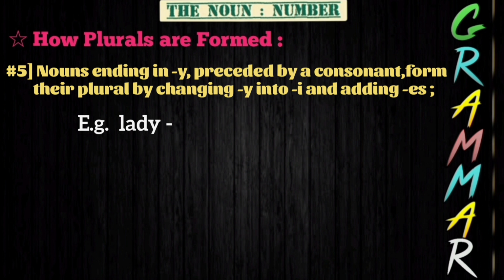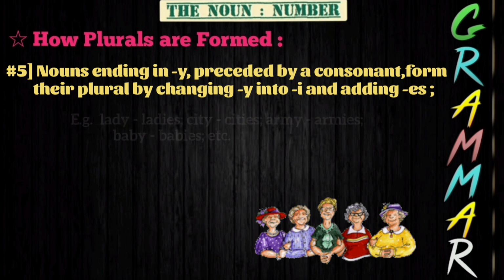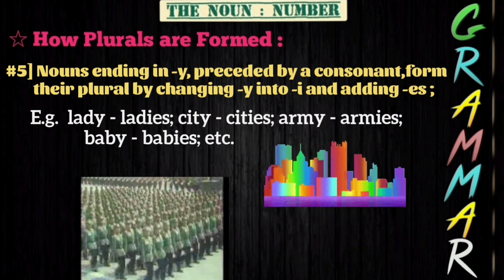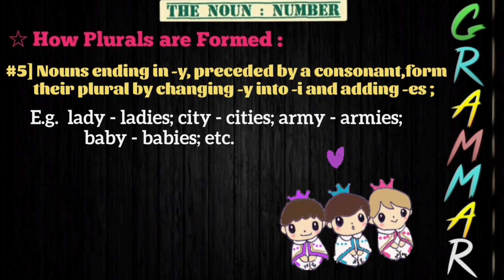Here lady is ending with Y, but it has a consonant before Y, that is D. So we will add ES, but before that we will change the Y into I. So we will get the answer as ladies. Similarly, the plural of city is cities, the plural of army is armies, the plural of baby is babies.